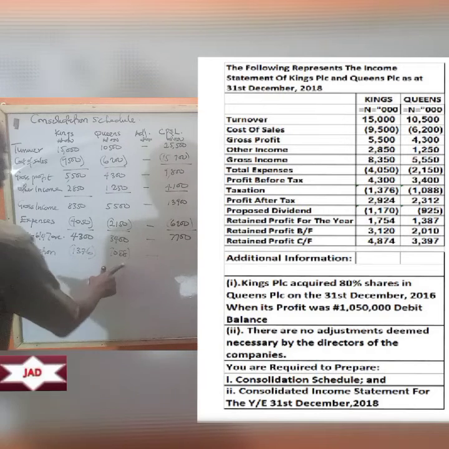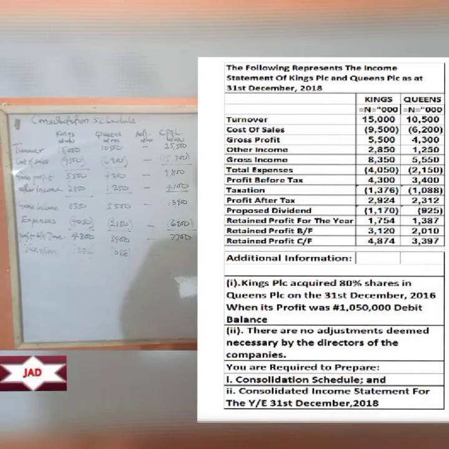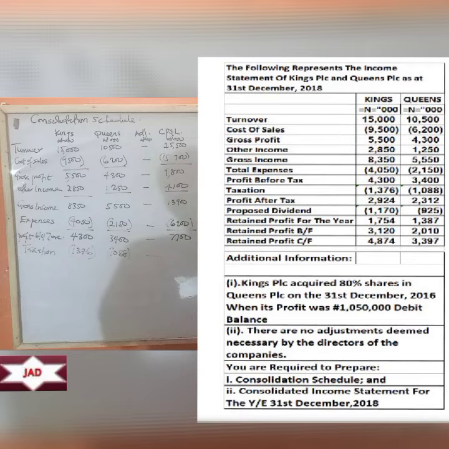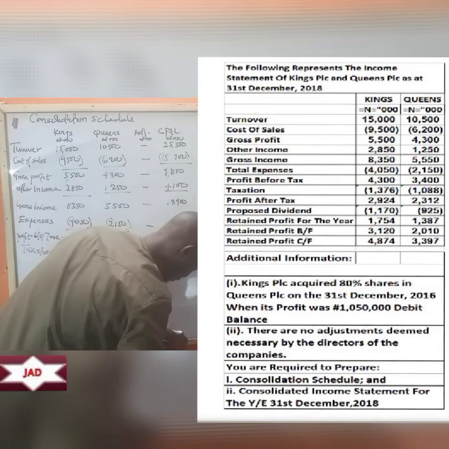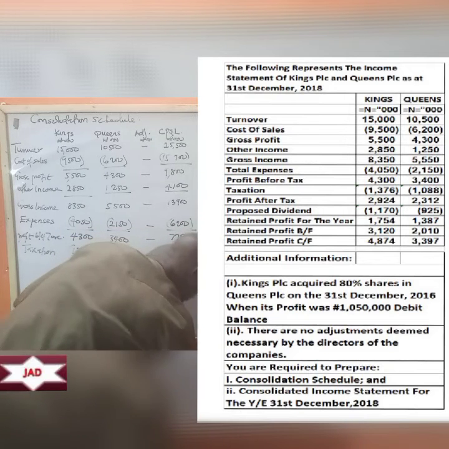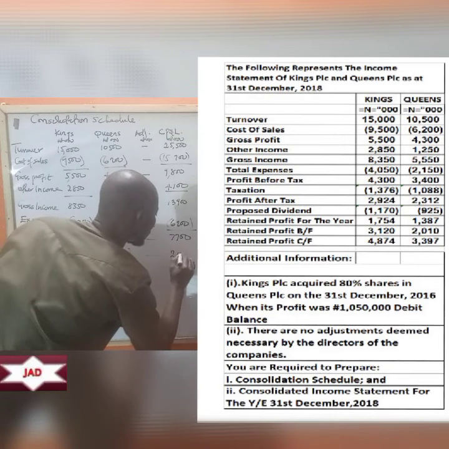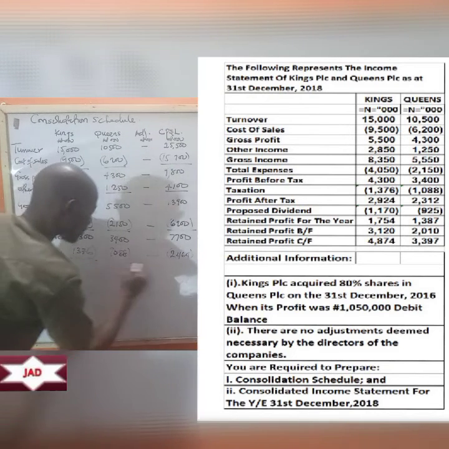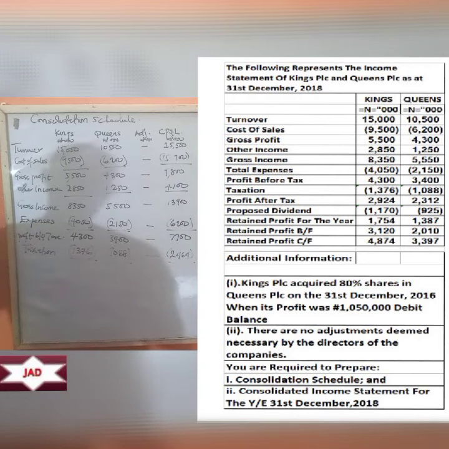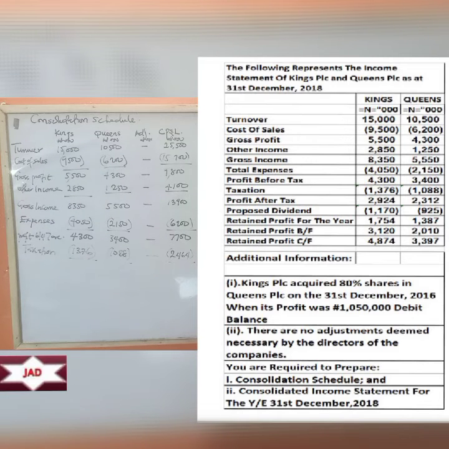So this plus this: 1,376 plus 1,088 is 2,464. So we can get this from the question, right? 2,924.